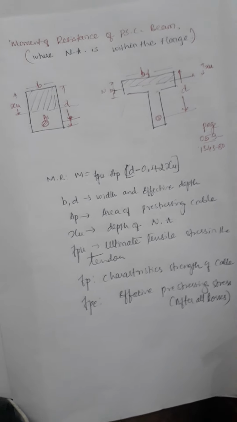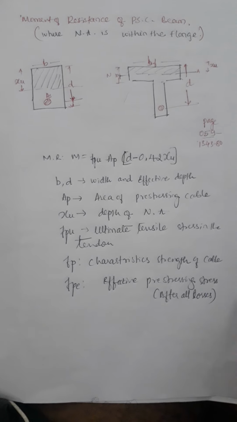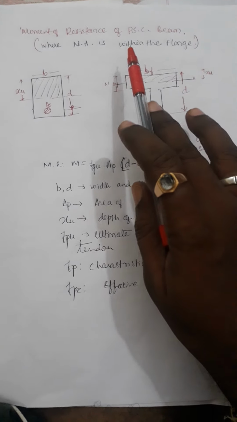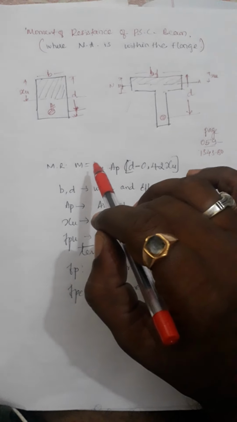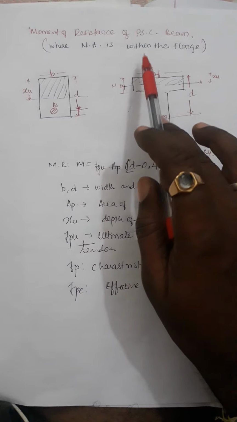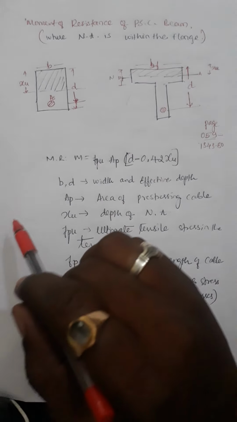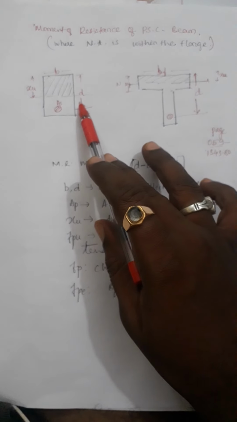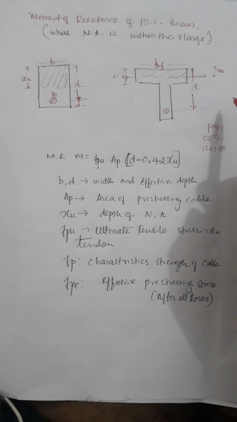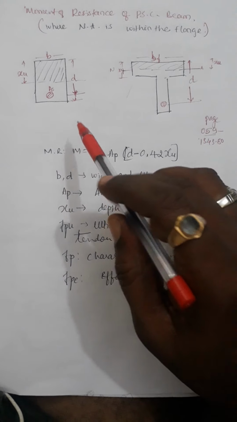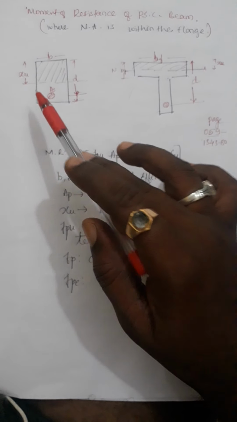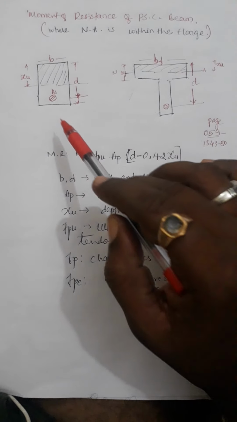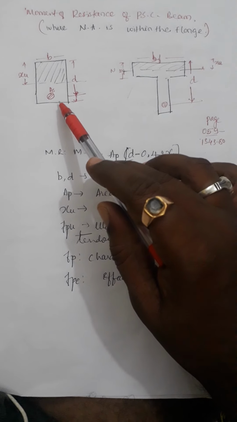So next, how to calculate the moment of resistance of the pre-stressed concrete beam or members when the neutral axis lies within the flange. This is the rectangular section and this is the T section. B is the breadth, XU is the neutral axis depth, D is the effective depth, and AS is the area of steel.